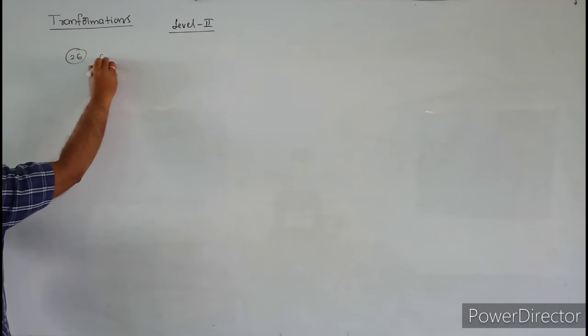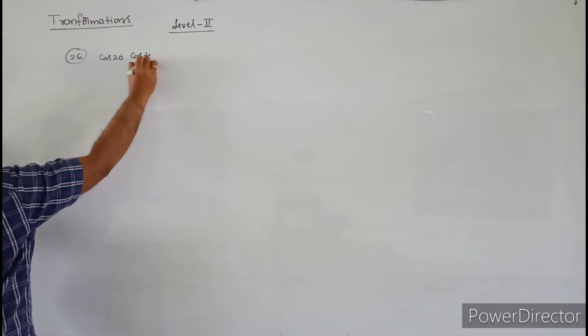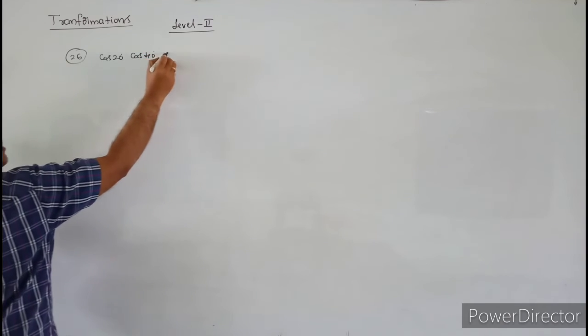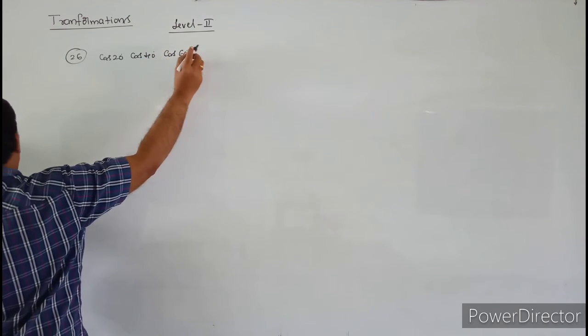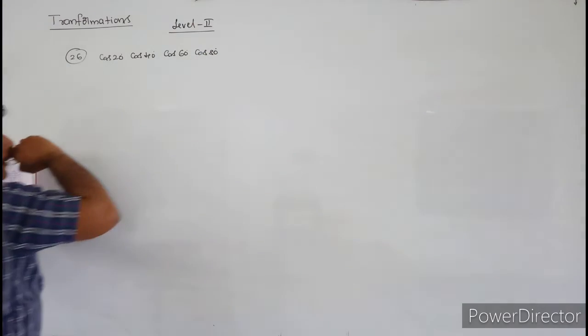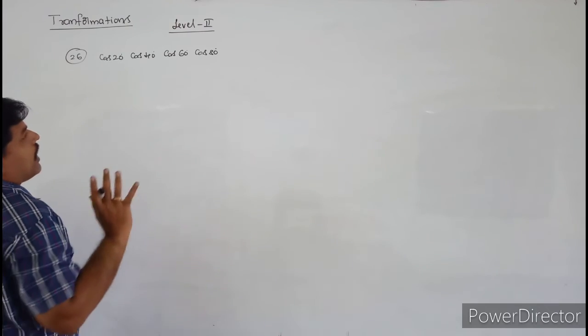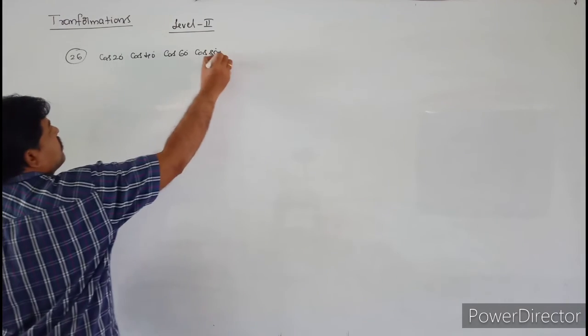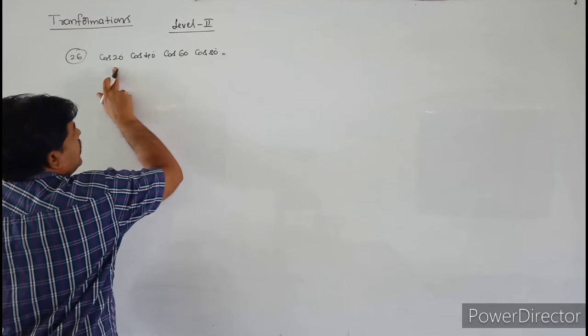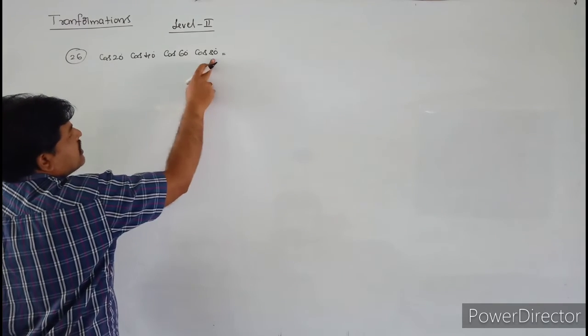Cos 20, cos 40, cos 60, cos 80. For this type of question, some condition is there, so see it carefully. 60 minus 20 is 40, and 60 plus 20 is 80.